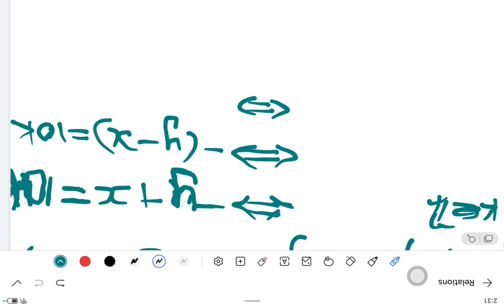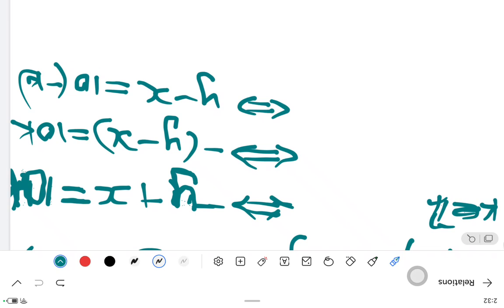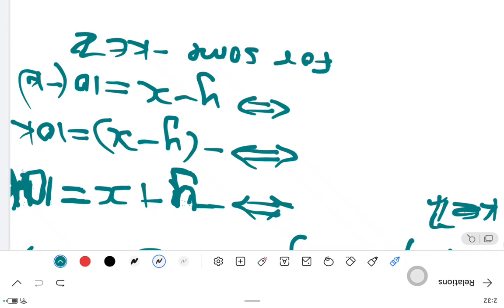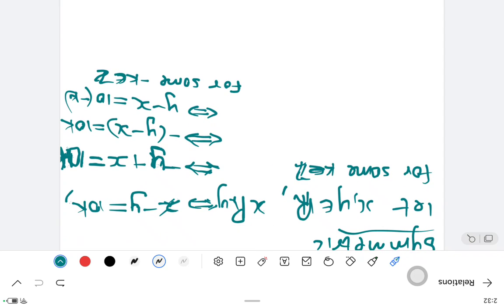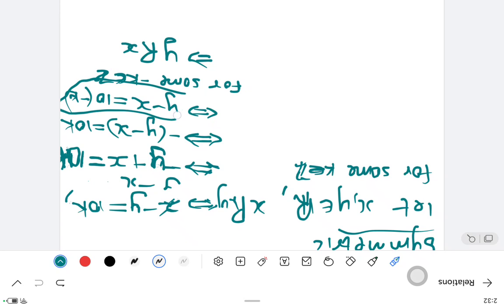Then y minus x is equal to 10 times minus k, for some minus k an element of the integers. The aim here was to check whether y is related to x. If y is related to x, then y minus x should be equal to a multiple of 10, which is true here. So that is correct.